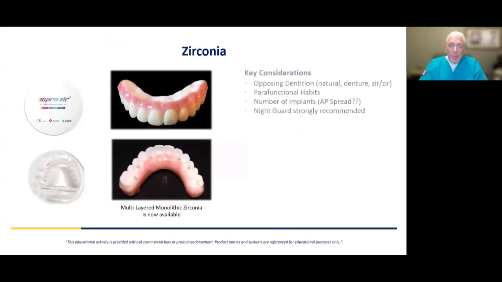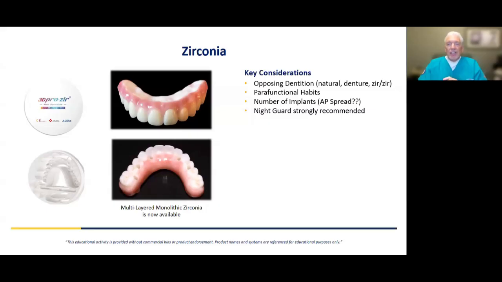Okay, zirconia. We're seeing a lot of zirconia, probably 40% of the finals, if not more, that we're doing. Things to consider: what's the opposing dentition? We do know that if you do zirconia opposing zirconia, full arch like this, it can be very noisy, almost like taking two coffee mugs, and that's been a real issue for some patients.